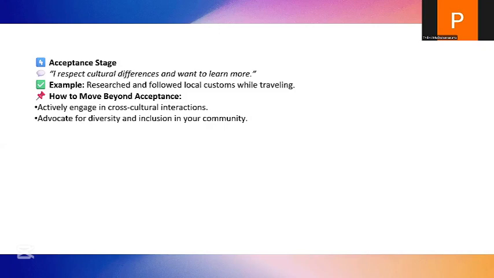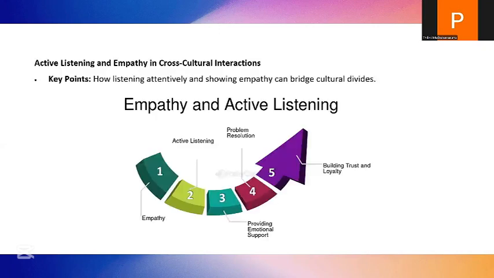Okay. In the next diagram you can see how active listening and empathy are important in interaction. If you have empathy and active listening, finally you can achieve trust and loyalty. Okay.